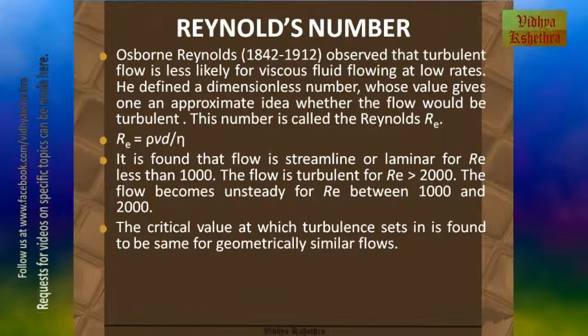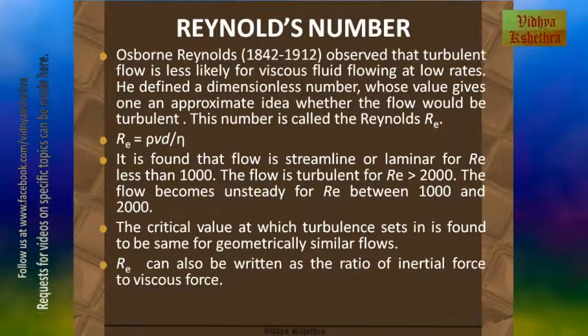The critical value at which turbulence sets in is found to be the same for geometrically similar flows, which means the critical value at which turbulence sets in will be equal for oil as well as water flowing through similar pipes. Re can also be written as the ratio of inertial force to viscous force.